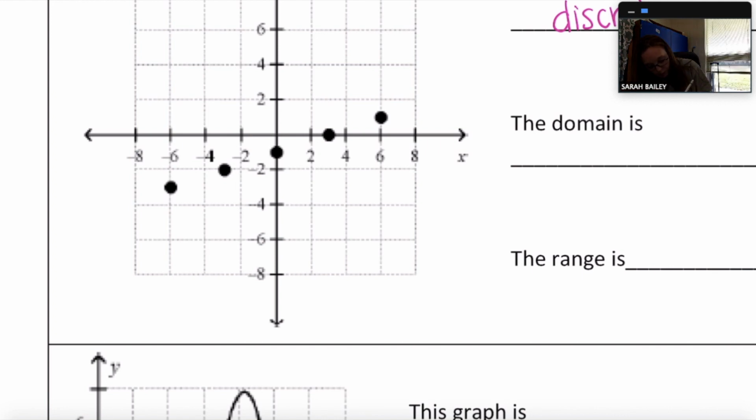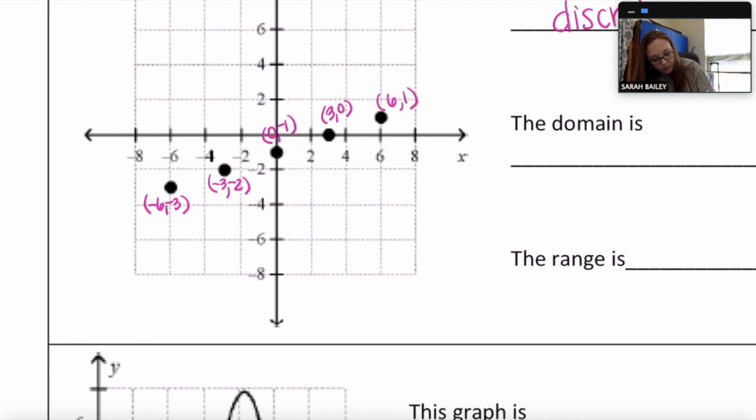So for example, this point looks to be at -6, -3. This one is at -3, -2. I have one right here, which is at 0, -1. This is at 3, 0, 6, 1.